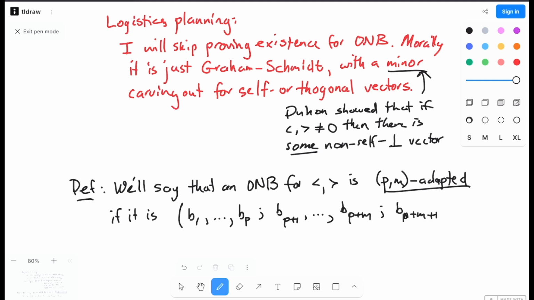The subscripts just keep getting longer, until finally we get to bn.